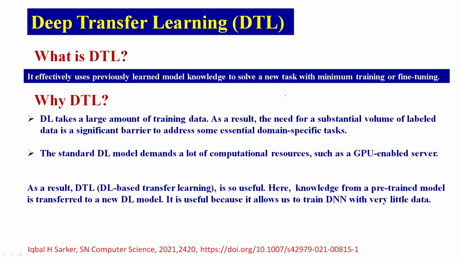So, that is why this DTL or DL based transfer learning method is very useful. What we do here is that knowledge from a pre-trained model, an earlier trained model, can be transferred to a new DL model. It is useful because it allows you to train a deep learning model with very little data. That is the key thing.